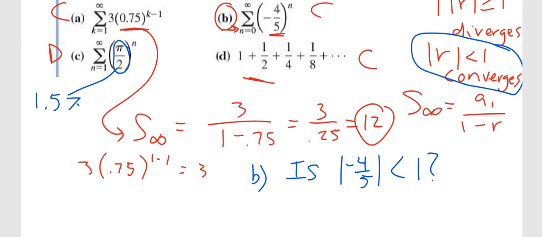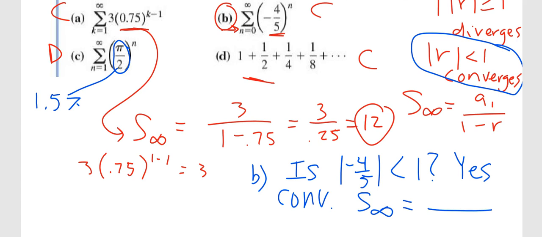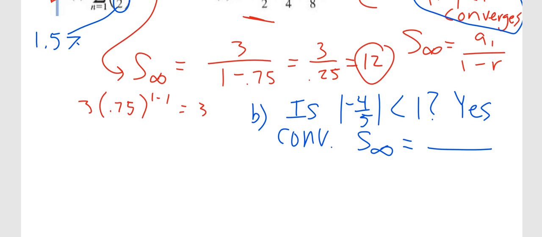That's the question you want to ask yourself every time. And if the answer is yes, then you're agreeing to the fact that it converges, right? And then you are using the formula: first term over 1 minus r. I guess I wrote it up here. I don't need to write it again. We'll just use the actual numbers.